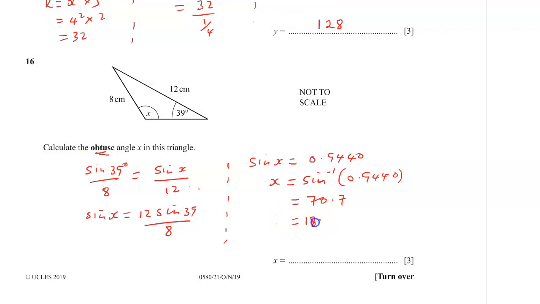So 180 minus 70.7 will give us 109.3. So our answer is 109.3 degrees. That is our x. Remember, it is obtuse. If you write 70, this is an acute angle, and that is not correct.